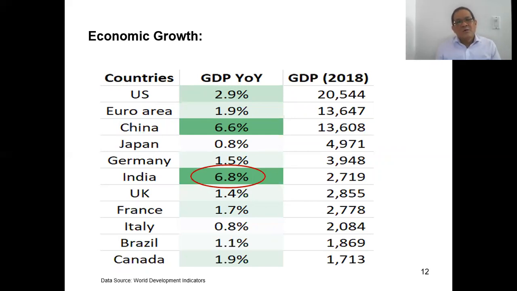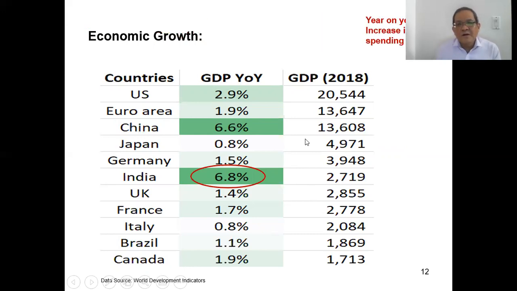Well, if we dig deeper into this, what we realize is that the base, the size of the GDP in India, is a lot smaller than US, Euro area, and China.